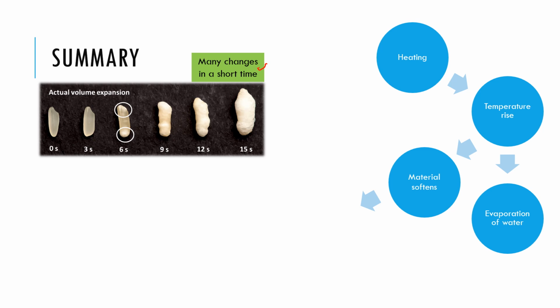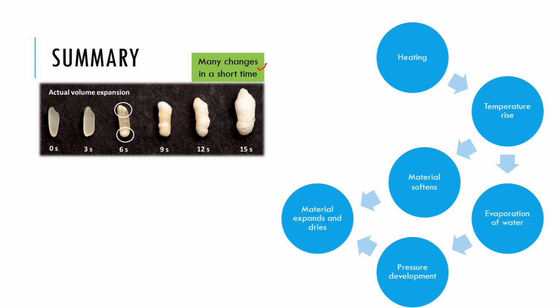That's the gas that causes the puffing, and if that vapor generation is faster, then it can be released through the surfaces. Then the pressure develops, pressure rises inside, and this increased pressure expands the material. That is puffing.